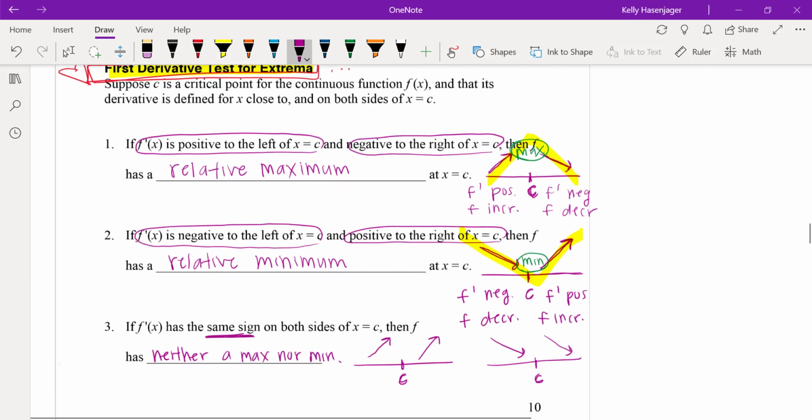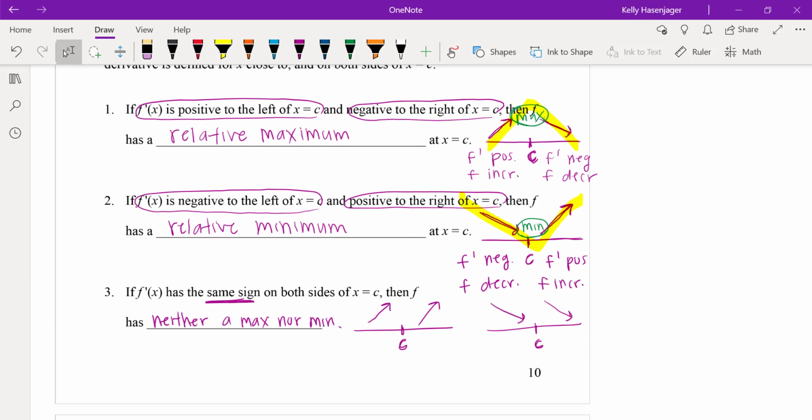Now that looks great just with arrows, but even better, let's see an example that we're used to. So x cubed gives us a nice little visual. You can see that we have a stationary point at 0, 0, because that's where the tangent line would be flat.